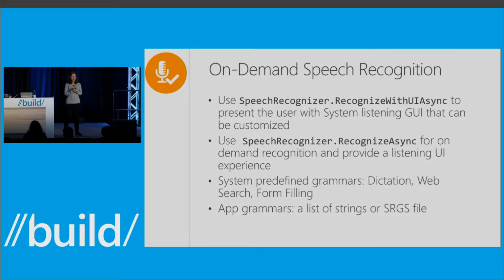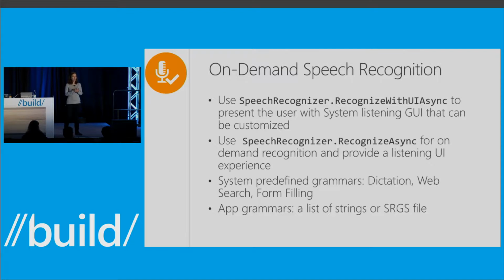When the recognition gets started, you have to specify the grammars to be used by the recognition engine. You can specify system predefined grammars such as dictation, web search, or form filling. These are grammars stored online on the Microsoft Speech Recognition service, so when you use these APIs with the system predefined grammars, keep in mind that your device will have to be connected to the internet to have access to the service in the cloud.